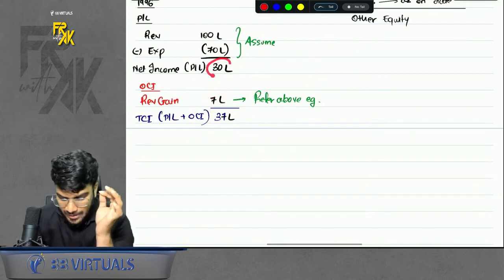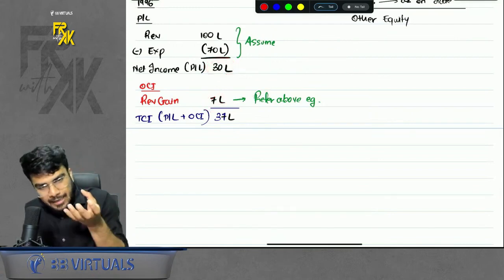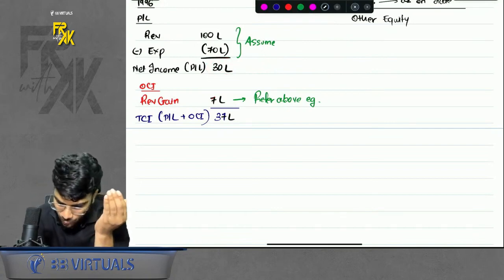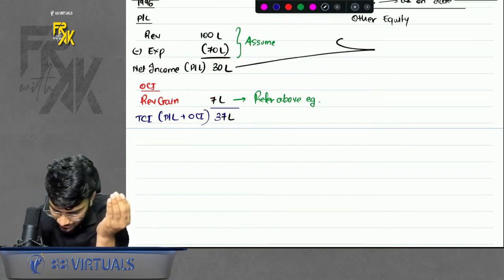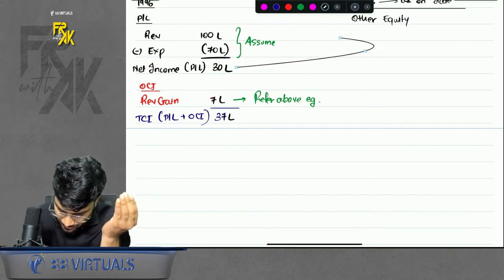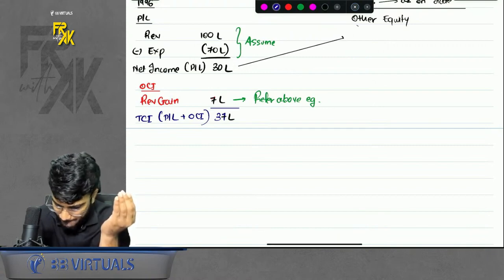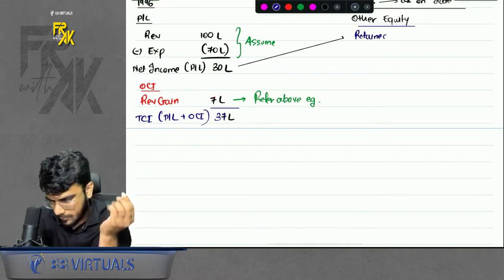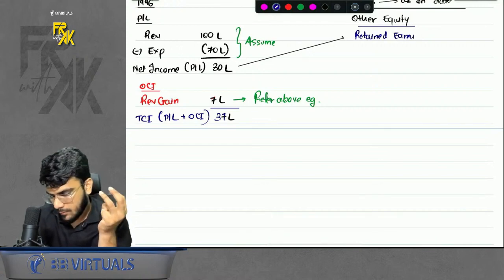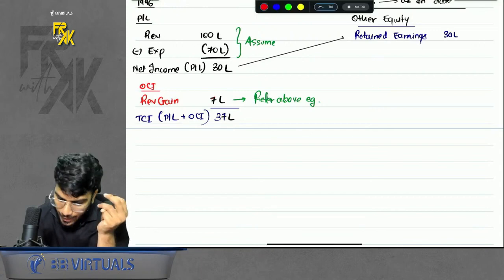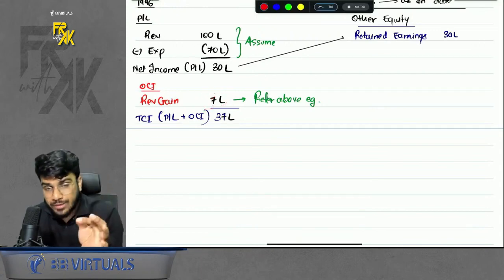Reason being, this 30 lakhs is your core profit. It can be used for distribution of dividends and other aspects, right? So ideally for this 30 lakhs, we will accumulate it in retained earnings. And what about this 7 lakhs?